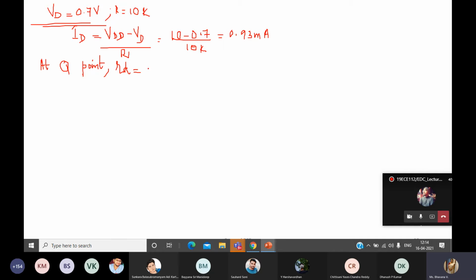What is the equation to find RD? n VT by ID. The n value and VT are not given. What n value will you take? 1. What VT value? 25 millivolt. So it will be 0.025 divided by 0.93 milliamps. So what is the answer, RD?